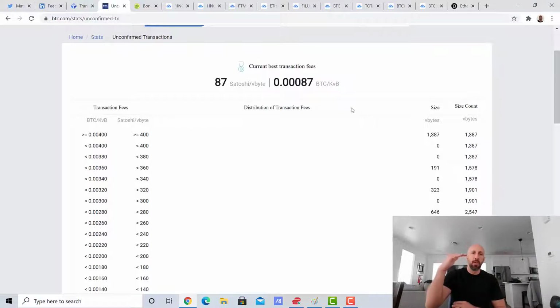The bigger the pool, the more competition there is. So the miners want to go after the biggest transactions because they're going to pay them the biggest fees, so they make the most money. The more competitive it becomes, the more these gas prices rise, because of the more fees the miners are going to want in order to confirm these transactions.